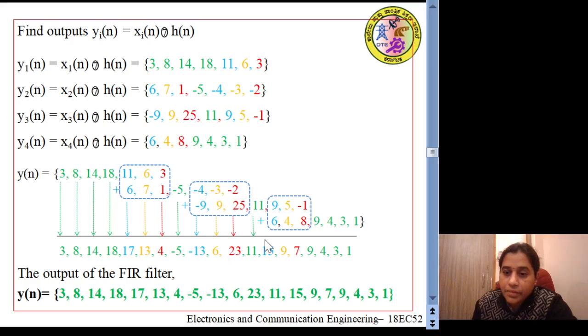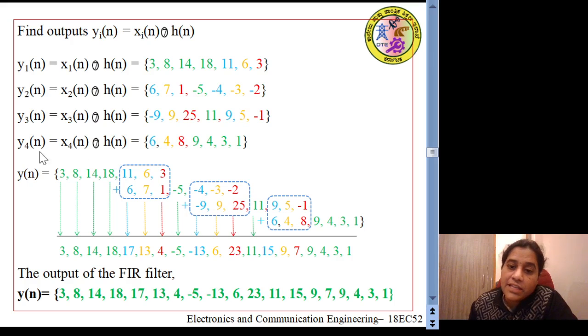Sorry, 11 is not coinciding with anything, so we keep 11 as it is. 9 with 6 is 15. 5 plus 4 is 9. Minus 1 plus 8 is 7.